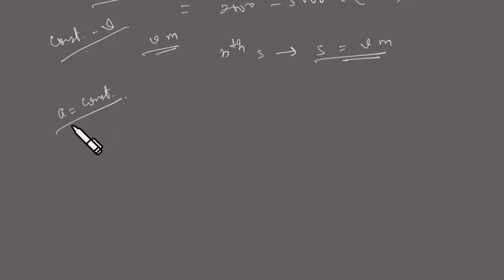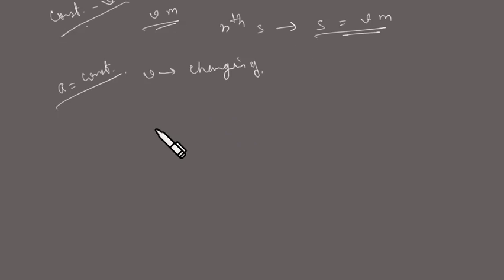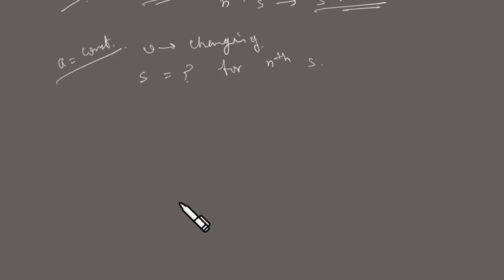Now what if the particle is moving with a constant acceleration? The body is moving with constant acceleration means the velocity is changing. Velocity is not constant, but it is increasing constantly, where a equals constant. And we have to find how much is the displacement of the body for nth second. For that, we will first find the displacement of the body in n seconds.